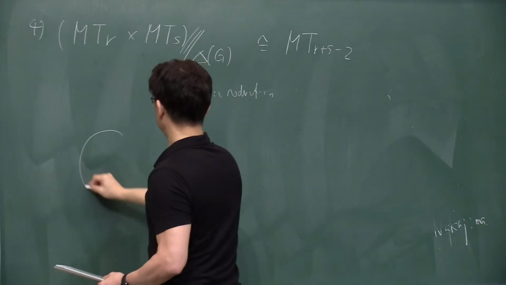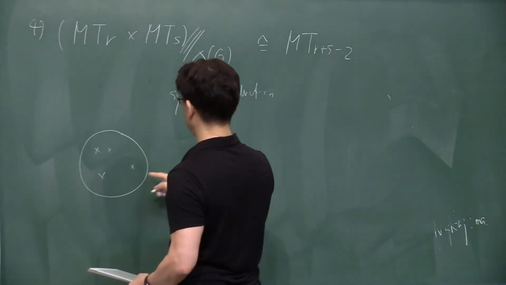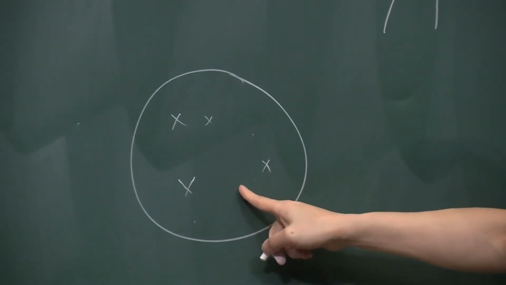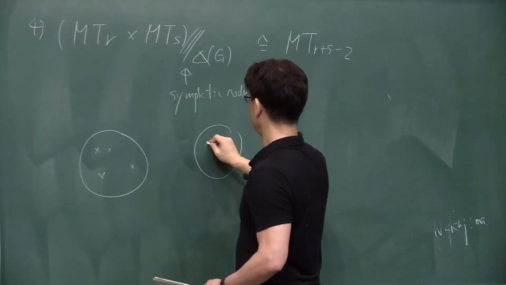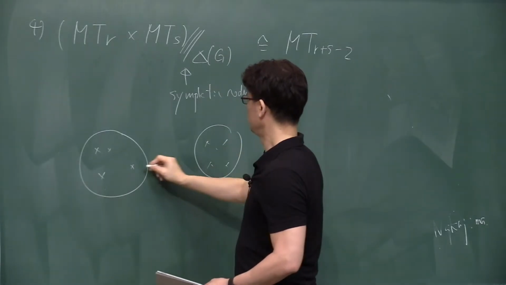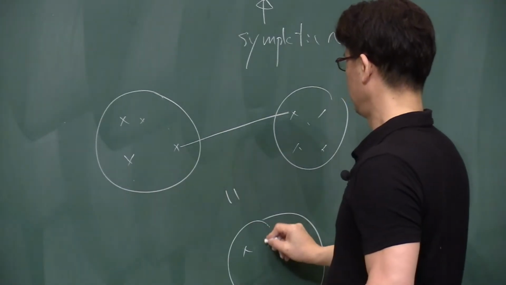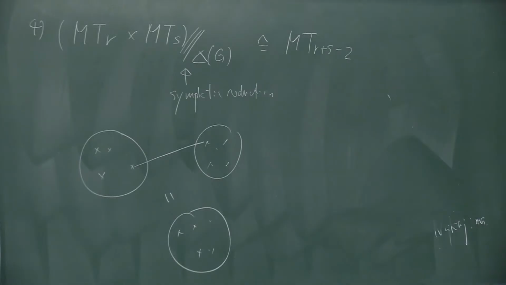So it's often described as: this represents MT_R for R points and S points, you can glue two points and get the Moore-Tachikawa variety for the rest of the points.